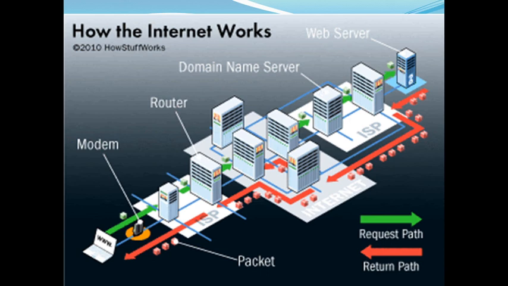Then the DNS will send it to the main server where the request is responded to, and the data packets are sent back through the DNS and then back to the client. This is the whole working of the internet.